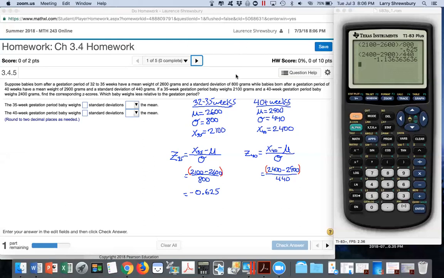Let me do my Z35 here and my Z40. So this is a negative 1 point, I'm going to round to the second decimal place, 1.14. And if I round this one off, it would be 0.63.